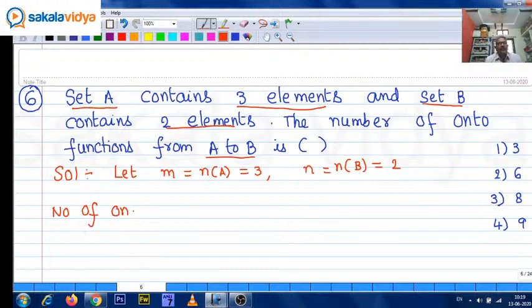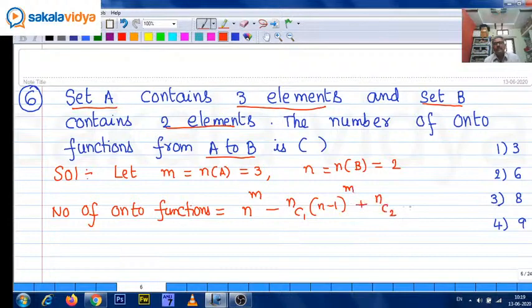The formula: number of onto functions is equal to n to the power of m minus nC1 (n minus 1) to the power of m plus nC2 (n minus 2) to the power of m minus and so on.